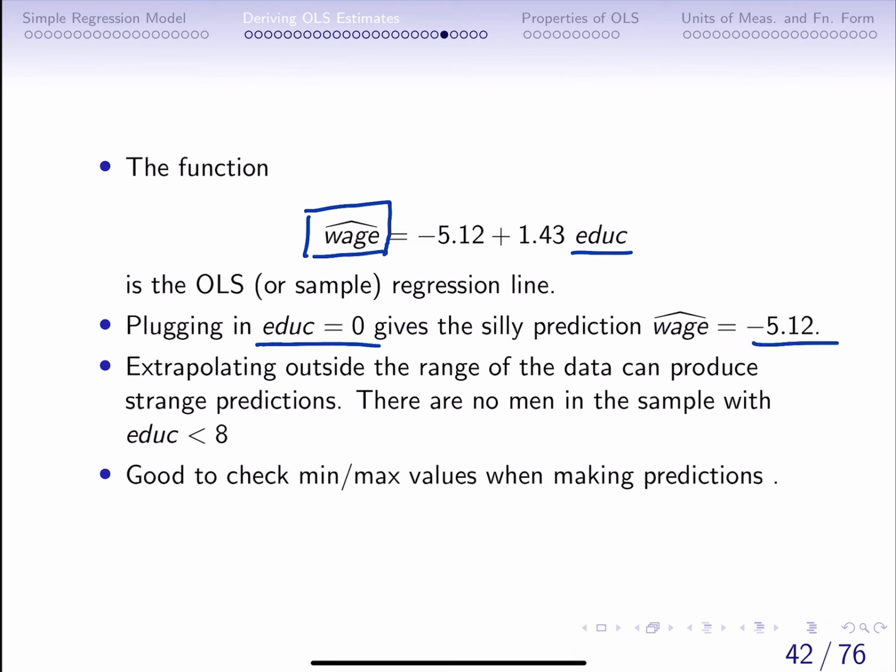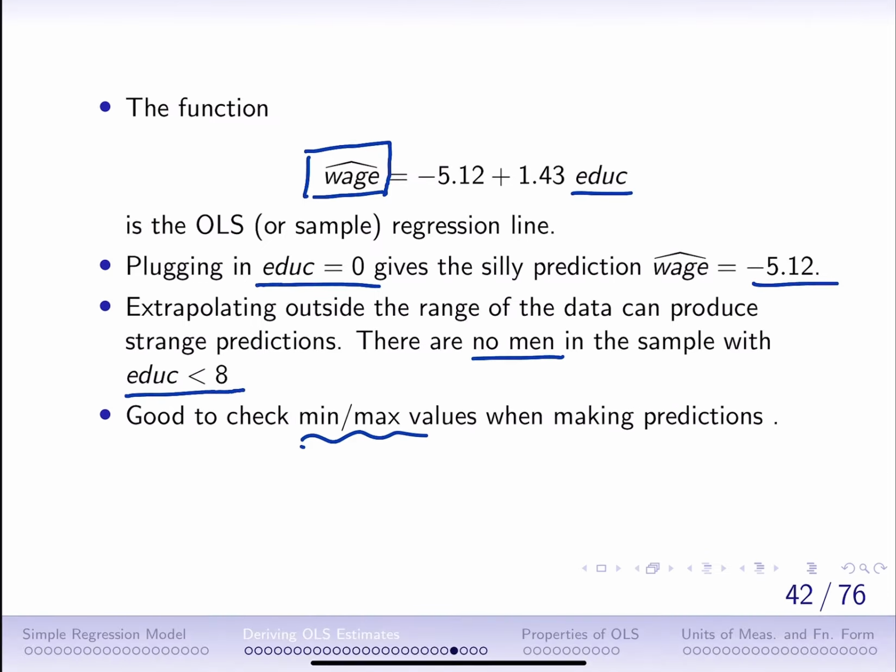Wages should be strictly positive, right? And so we're trying to extrapolate outside the range of the data. There were no men in this data with education level of less than 8 years. So it's good to always check the range of your data for X at least when making predictions.